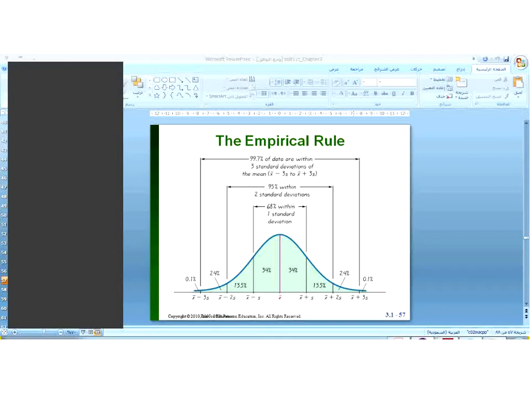Yes, so in my example, 99.7% of the values will fall within what? No one? Bravo, Layla. Correct.